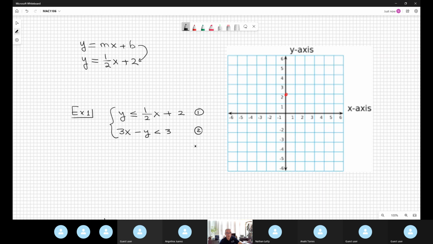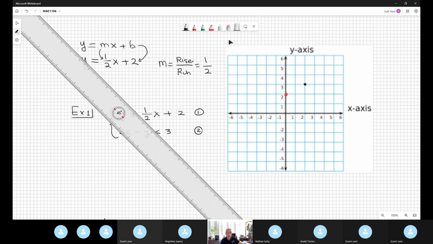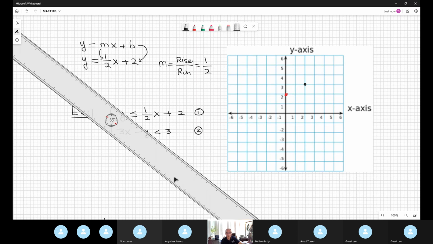So m is 1/2. Remember, the definition of the slope is the ratio between rise and run. In our example, rise is 1 and run is 2. So from this point, you move 1 up and 2 to the right. And you have 2 points. With the 2 points, you draw the line connecting both points.